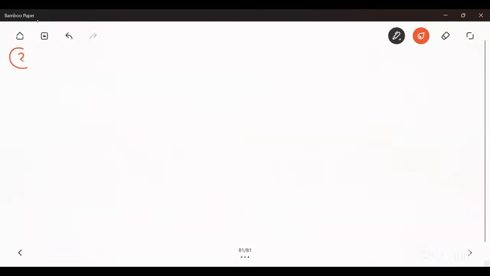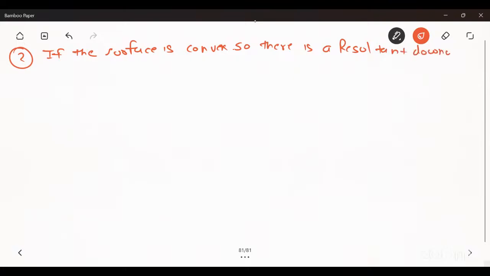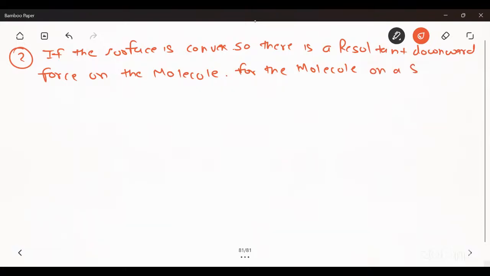So if the surface is convex, there is a resultant downward force on the molecule on the surface to remain in equilibrium.